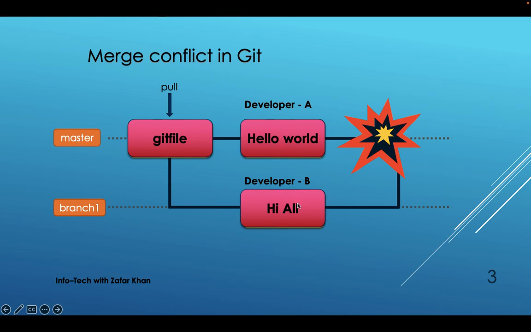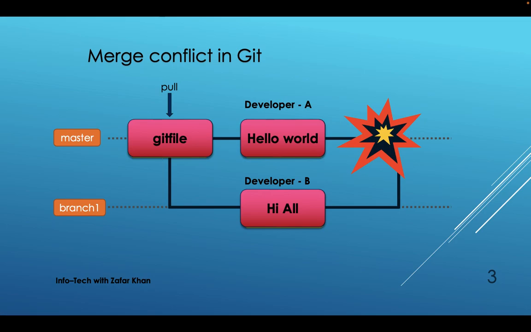Developer B is also working on the same file, in branch 1. Developer A has written hello world, and developer B has written hi all. So the contents are different. Because they have done it on the same file, on the same line of code, and the contents are different, a conflict will occur.